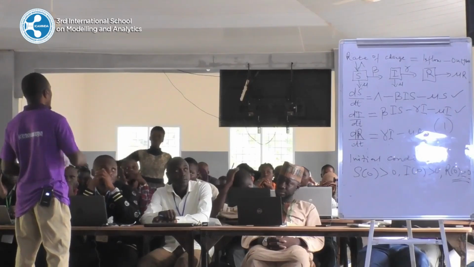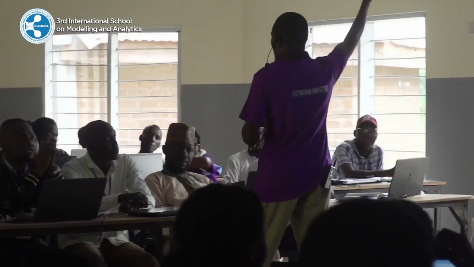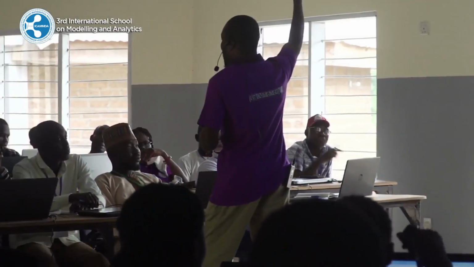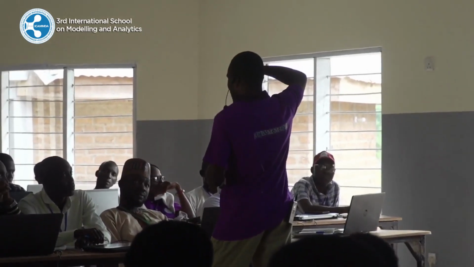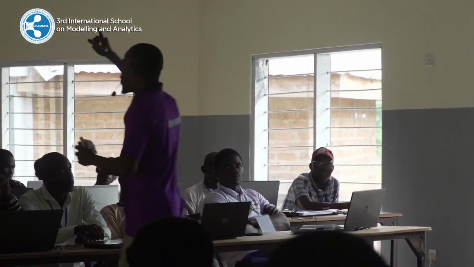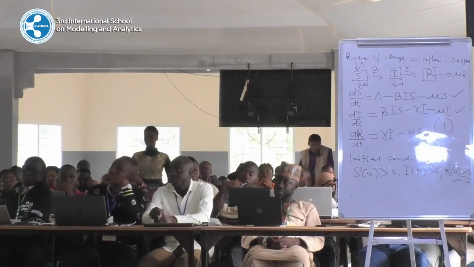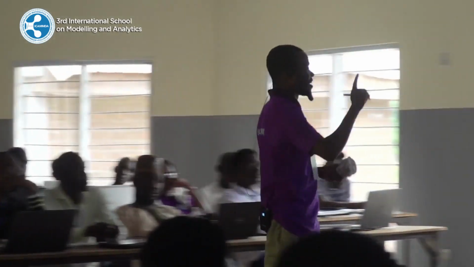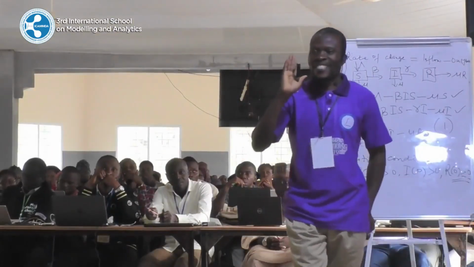So if people recover from an infection, let's say R is equals to 2. It means 2 people have recovered from that disease. It means that at least 2 people have been infected. And that establishes the fact that the disease is what? It's endemic.